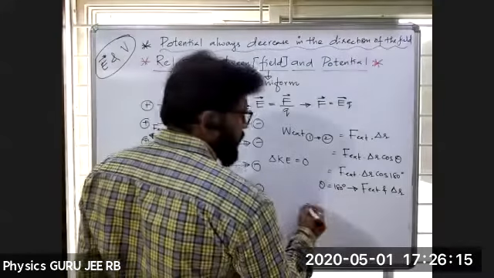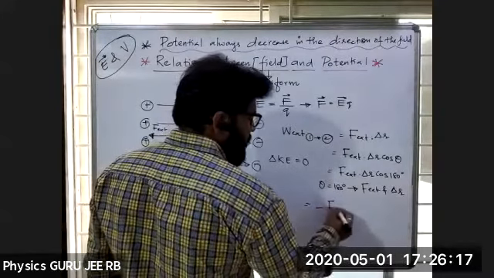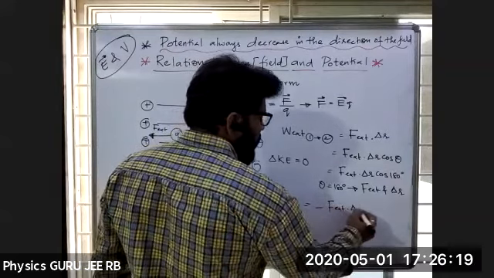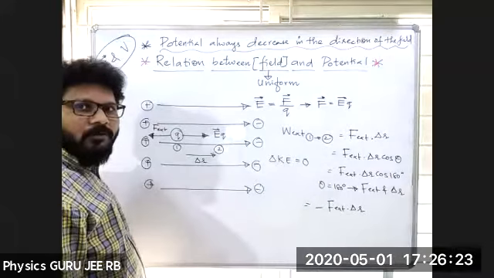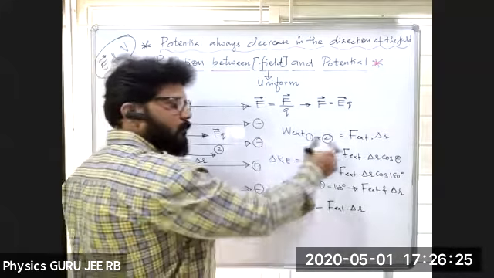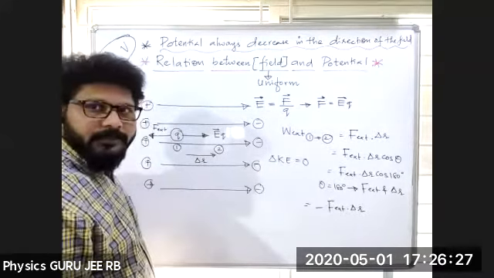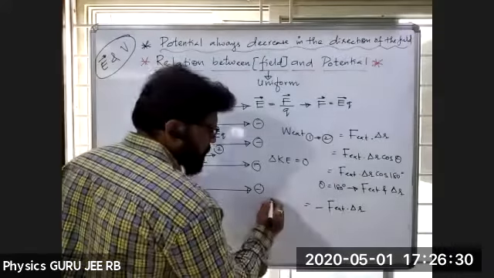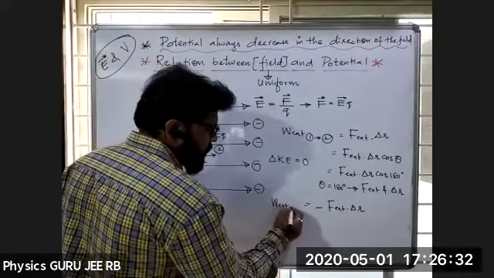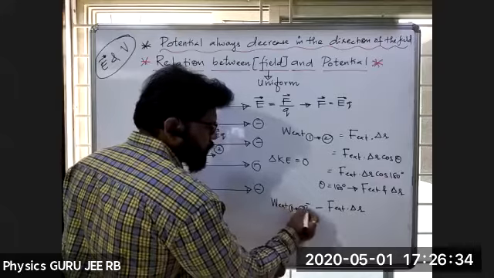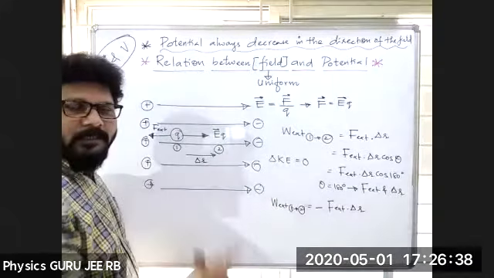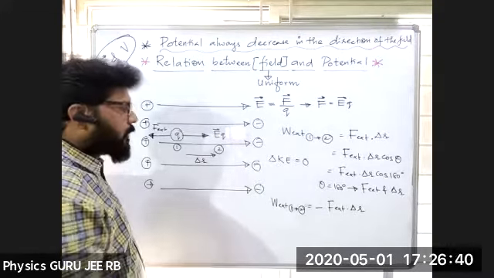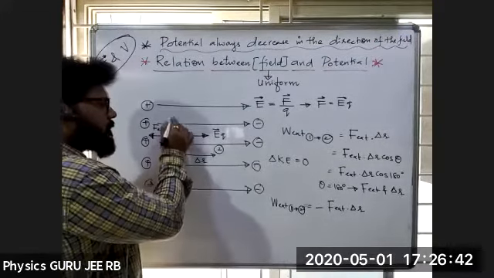Okay. Now here we got minus F external into delta R. So that is the work done to move from 1 to 2. After that, the work done by the external force from 1 to 2 we got as minus F external. Now here the net force should be 0, right?